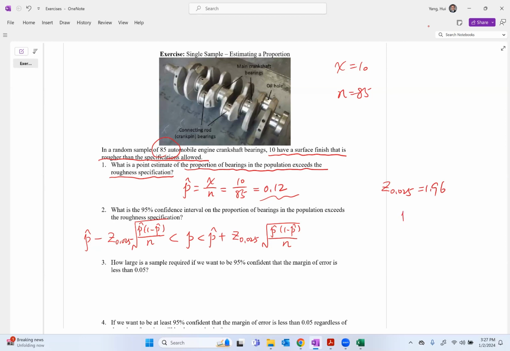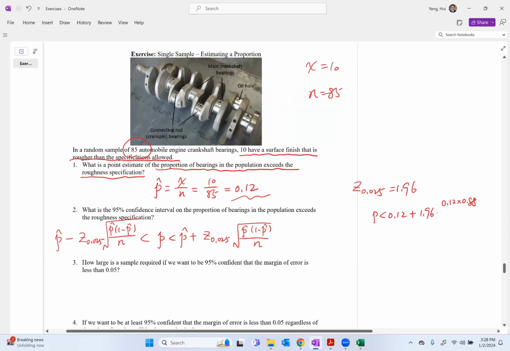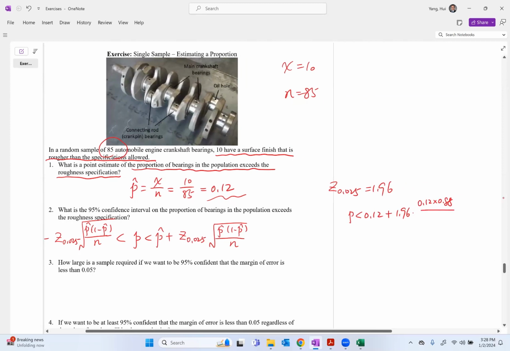So P is less than 0.12 plus 1.96 times the square root of 0.12 times 0.88, divided by n, how many? 85.